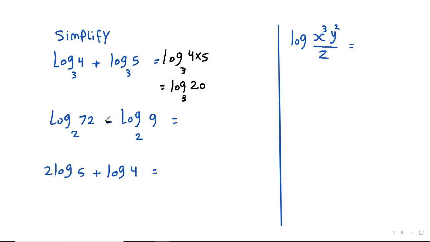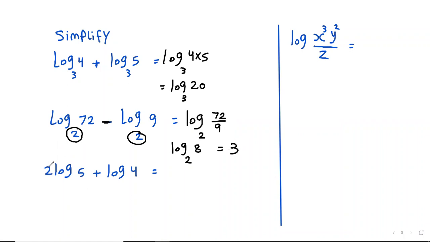The next one, it's the division rule, and we have the same base here, which is 2. So we're going to write log 72 divided by 9 in the base 2. So it's log 72 divided by 9, it's 8 in the base 2. And 8 is the same as 2 raised to the power of what? We can answer it, it's 3.